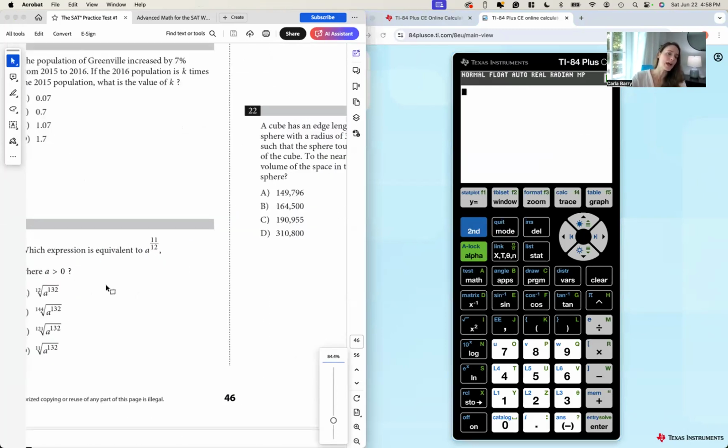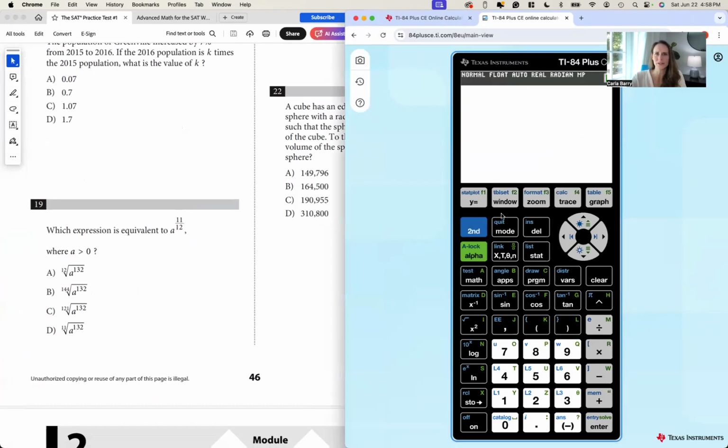We could graph all of those. I don't know what my calculator is going to think about me when I try to graph it, but technically I could say x to the 11/12 power, graph that. And then when I go to graph the answer, I'm going to just press math and then grab my nth root. So the 12th root of x to the 132 power.